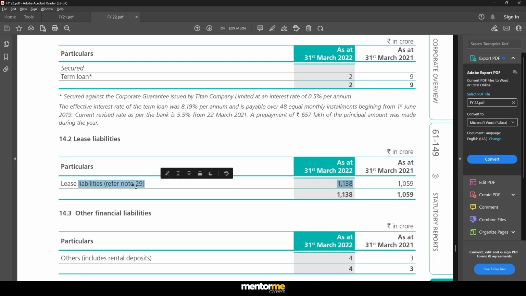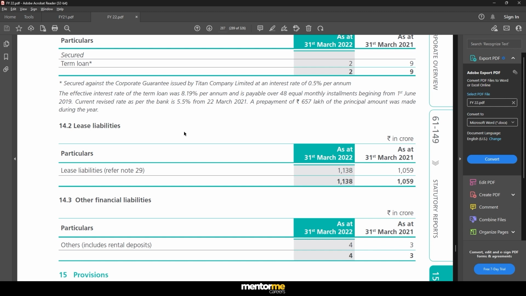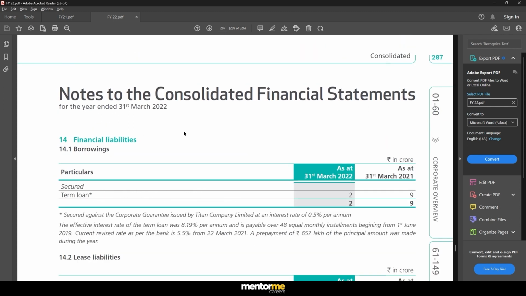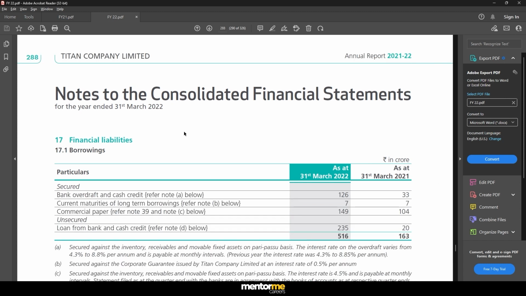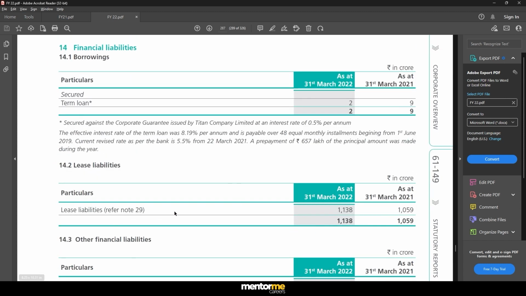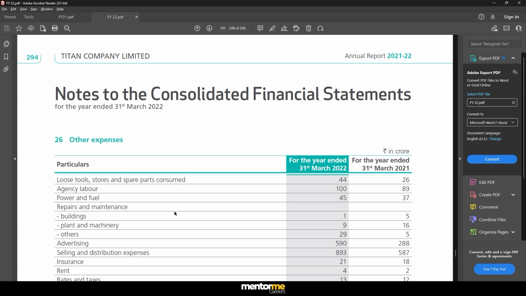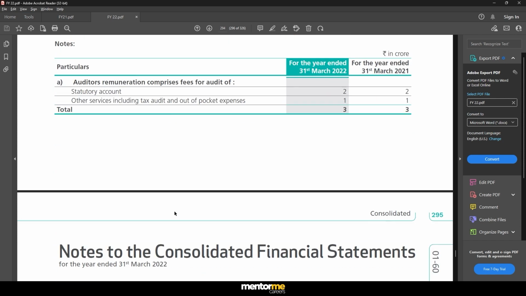If you look at lease liabilities, we've been sent to note number 29 to find out more details on this. So let's go to note number 29. Okay, so maybe we'll find some more details on this.